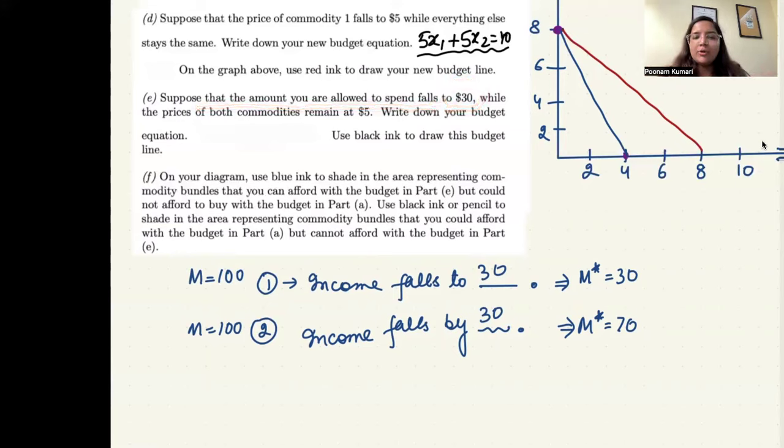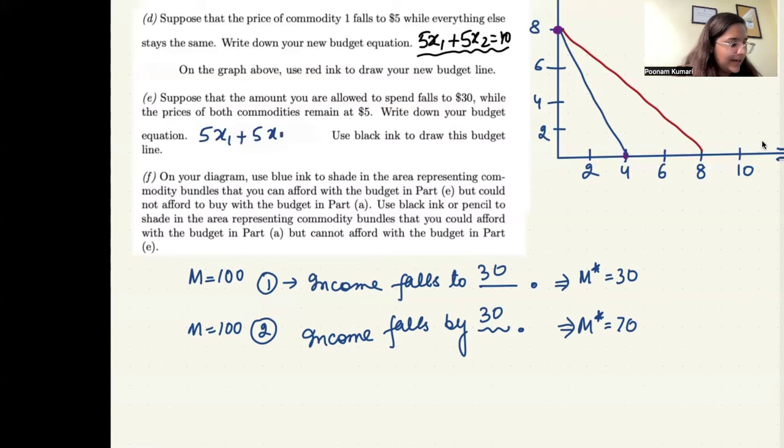And the price of both the commodities remains at 5. So write down your budget equation. Price of the first good is 5, price of the second good is also 5, but the amount of money that you can spend is 30. So now what is your equation? 5x1 plus 5x2 equals 30.